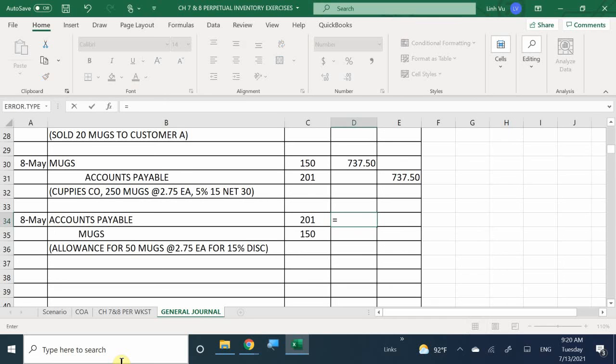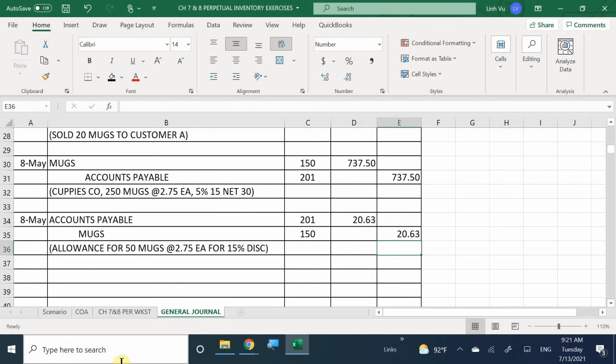So I have 50 mugs costing me $2.75 each, right? And I'm taking only 15% because that's how much I'm getting back. So what's my total that I'm getting back? 20.63. Good. Because we're not giving back all of it, we're only getting back 15%. Okay, so there we have it.